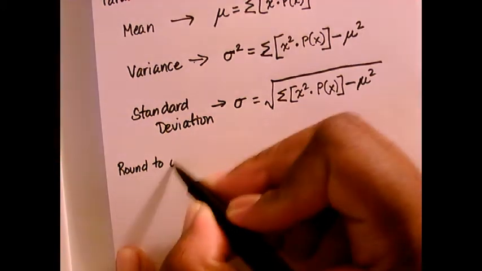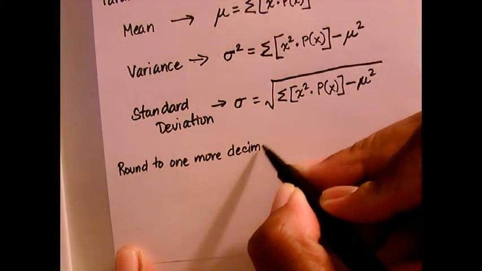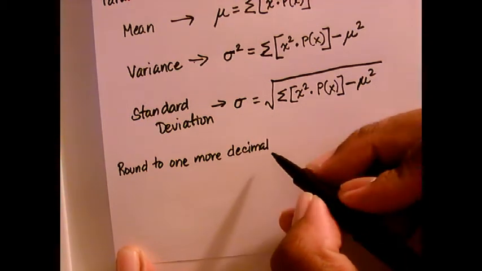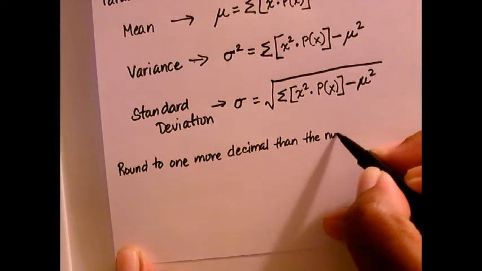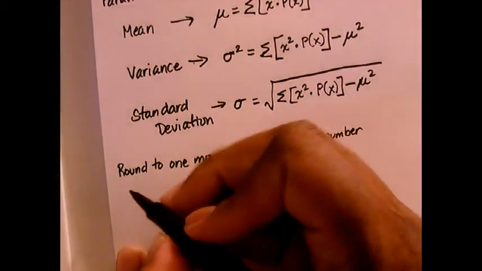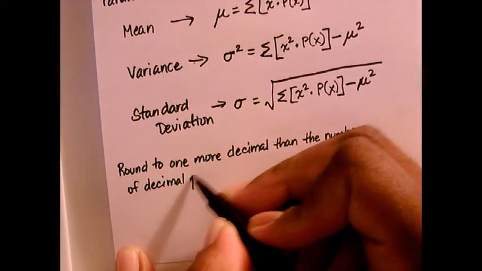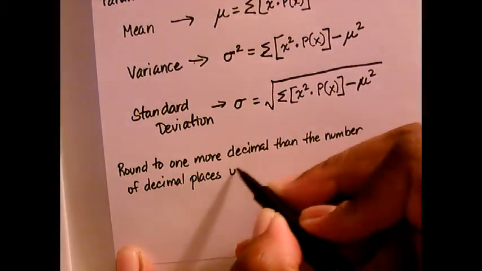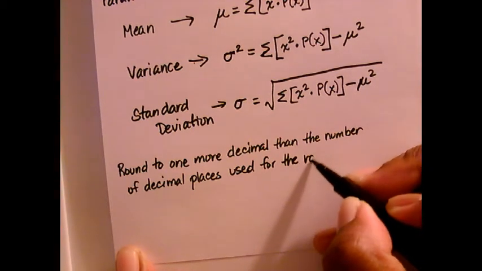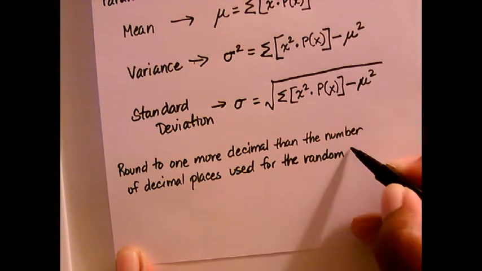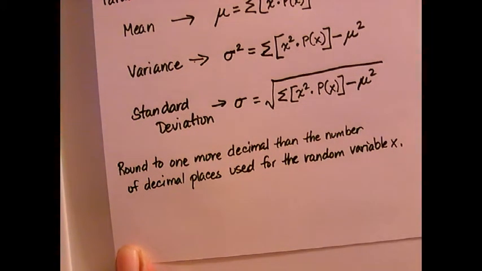So you'll round to one more decimal place than the number of decimal places used for the random variable called x.